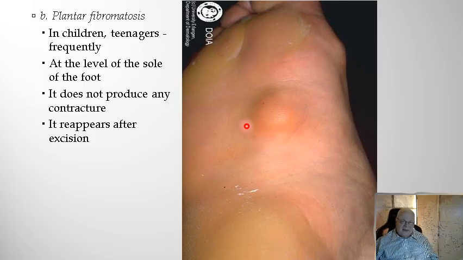So for this reason, it's not painful, not symptomatic at all, and it should be left alone and not removed, because if you remove it, it will be worse, even with retractions of the fingers.